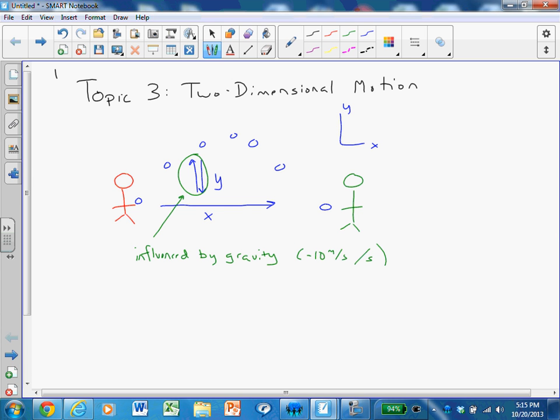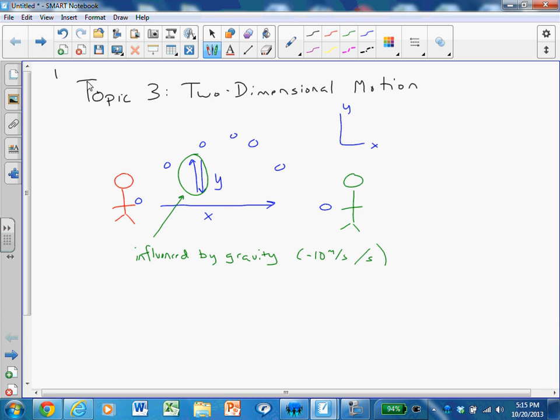The horizontal component is not. If you take air resistance out of the equation, which we will do during this topic, then there's no acceleration in the x direction at all.